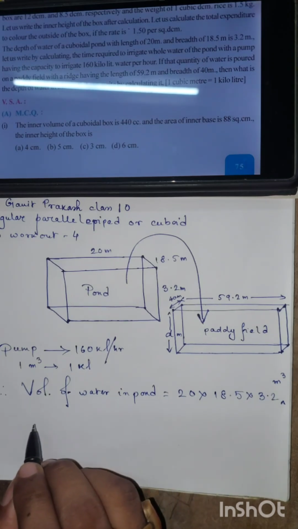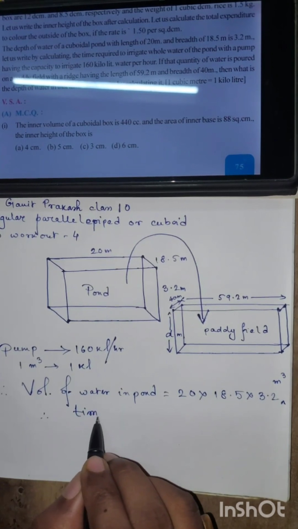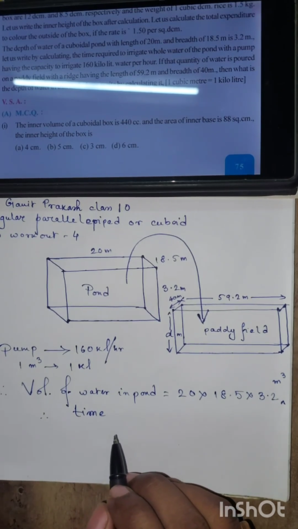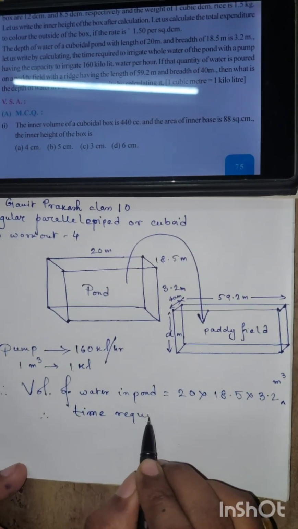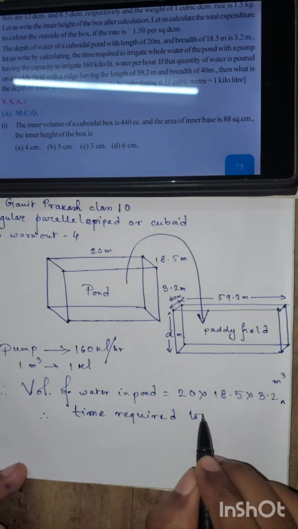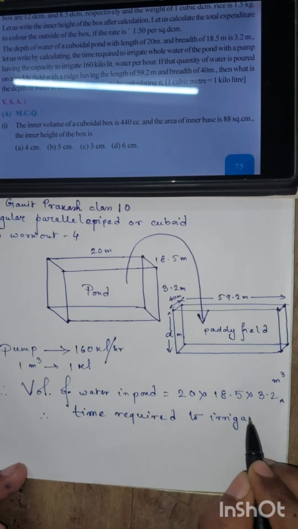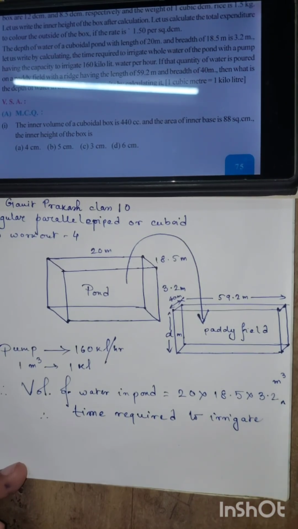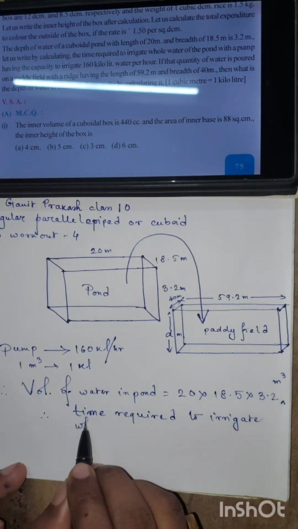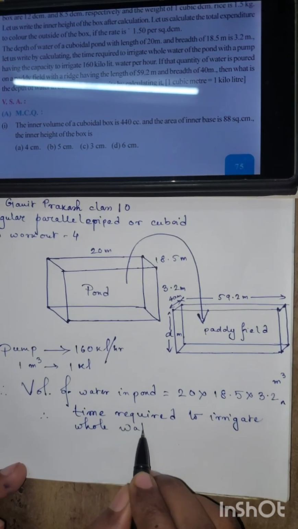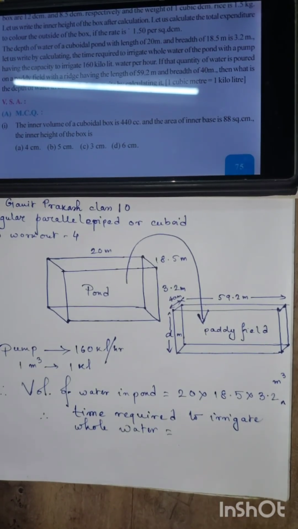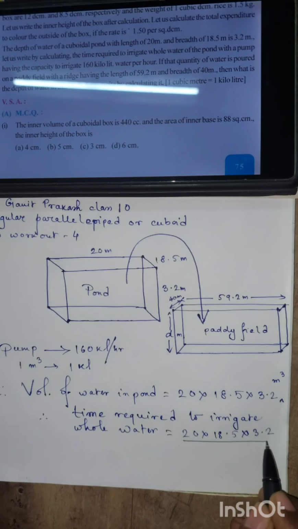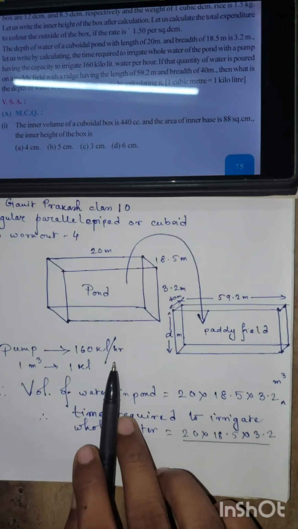Therefore, total volume by volume irrigated per hour.